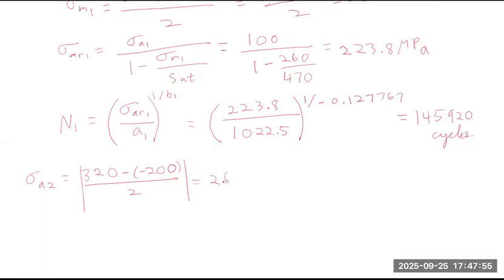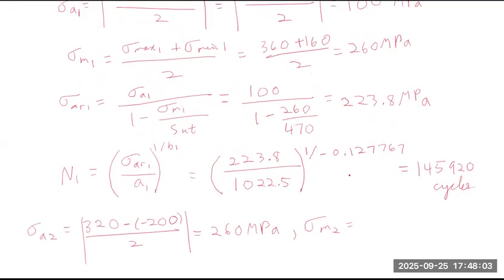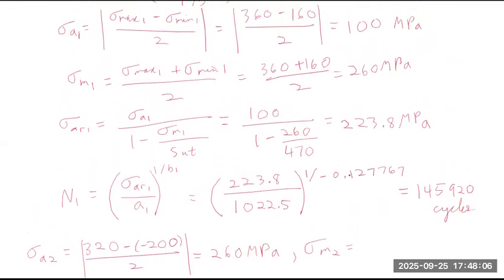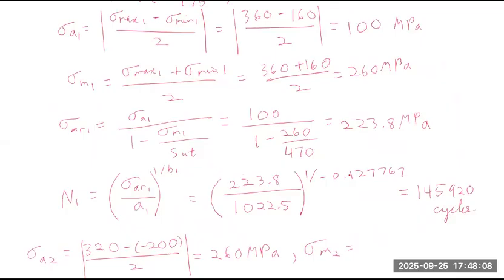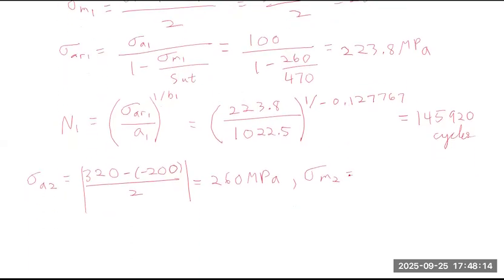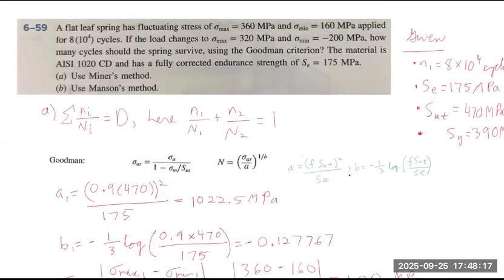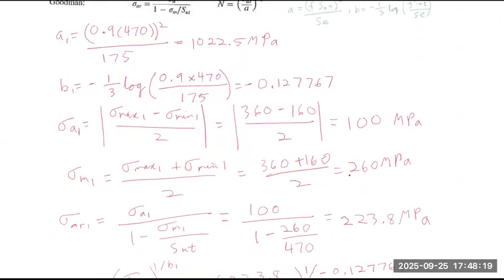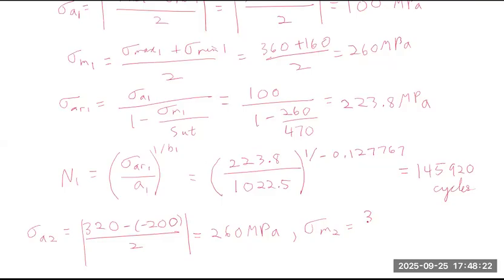When we get that, it equals 260 megapascals. Sigma M2 is equal to sigma max 2 plus sigma min 2 over 2, which is equal to 320 minus 200 over 2, and that is equal to 60 MPa.